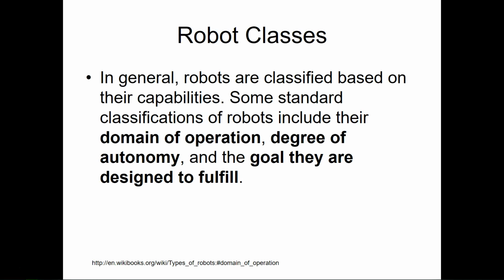Robots in general are classified based on their capabilities. This can be by domain of operation, degree of autonomy, or the goal they're designed to fulfill. So we have what are called ROVs. I don't know if y'all know what those are, but those are underwater vehicles.